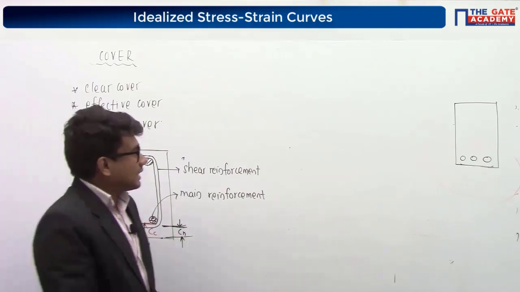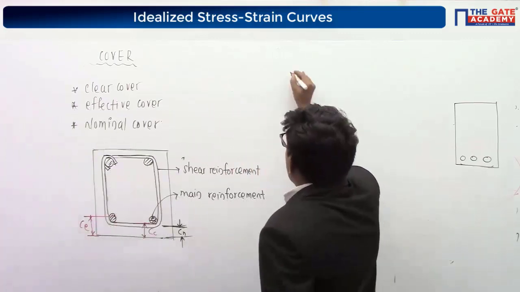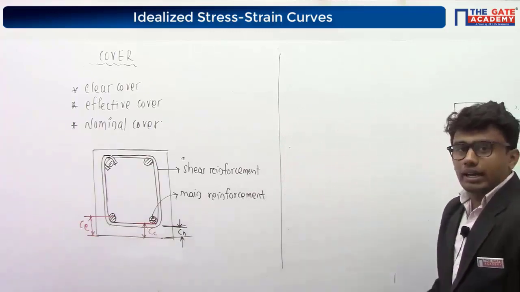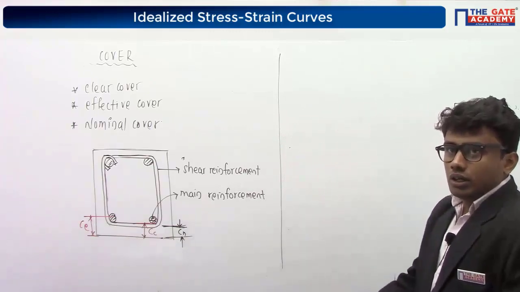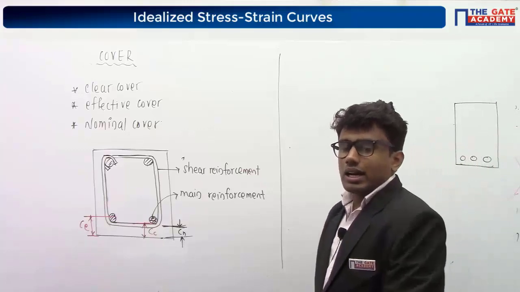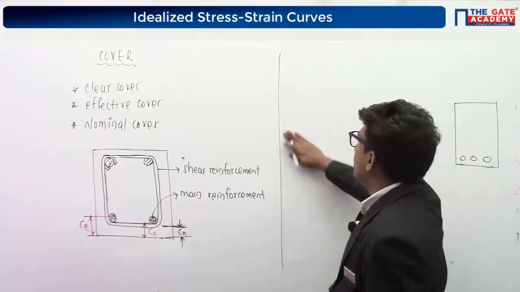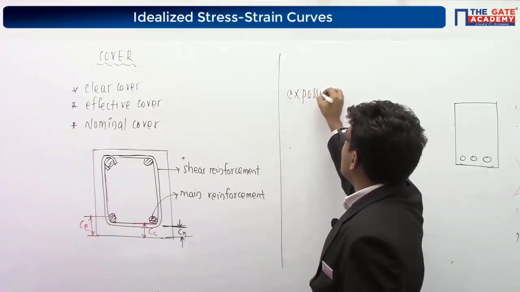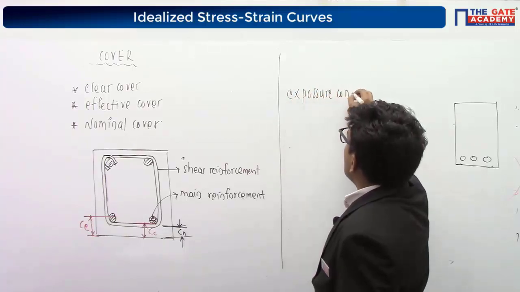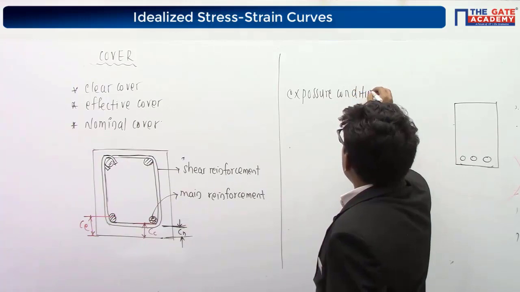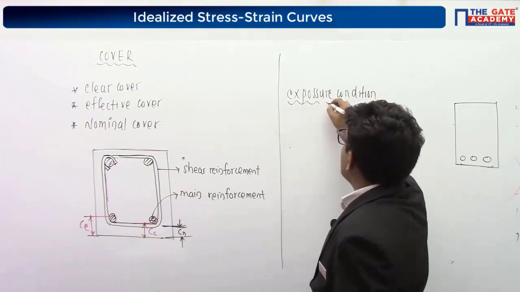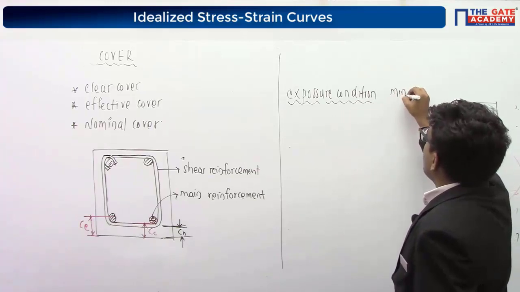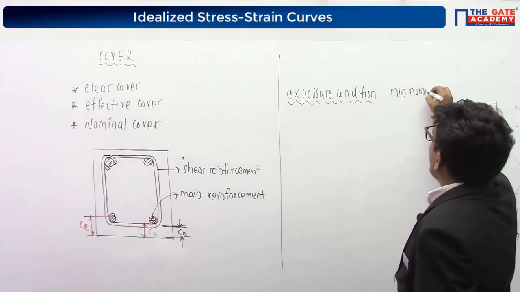Our IS code suggests minimum cover values for different reinforced concrete structures, and it depends upon the exposure conditions. We have discussed the exposure conditions in the previous lecture. Based on various exposure conditions, the code gives us a minimum nominal cover to be provided.